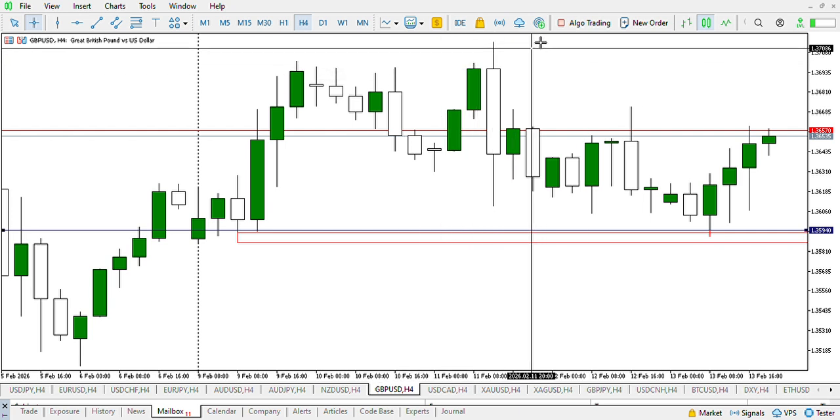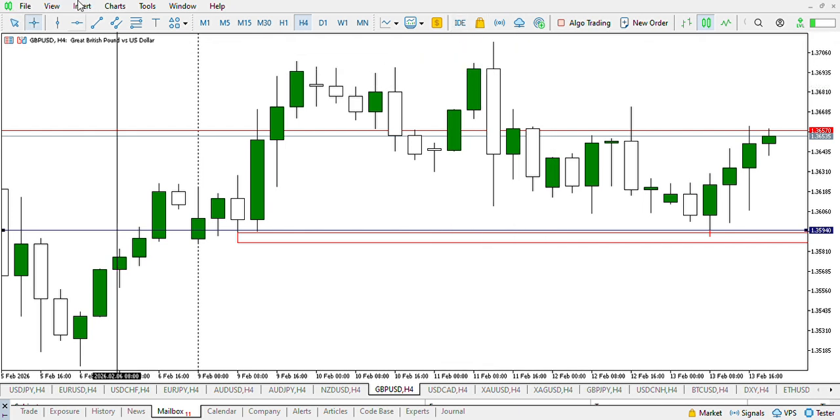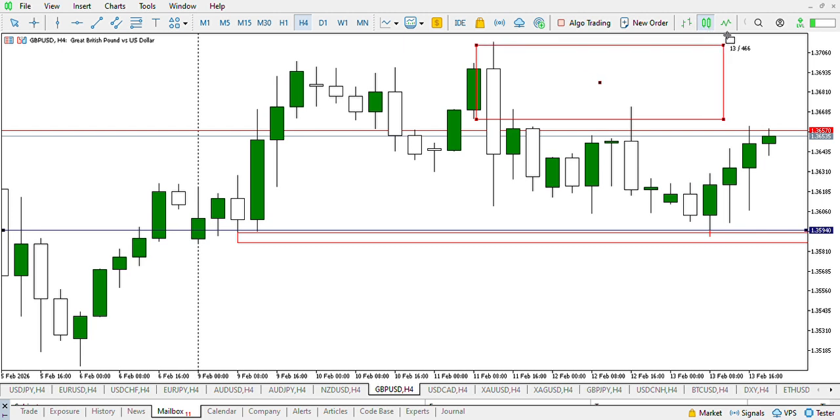So if price comes to this zone, we'll be expecting some resistance. Let us go to the lower time frame to mark out this zone as well. So we find this zone on the lower time frame. So let's go to M30.